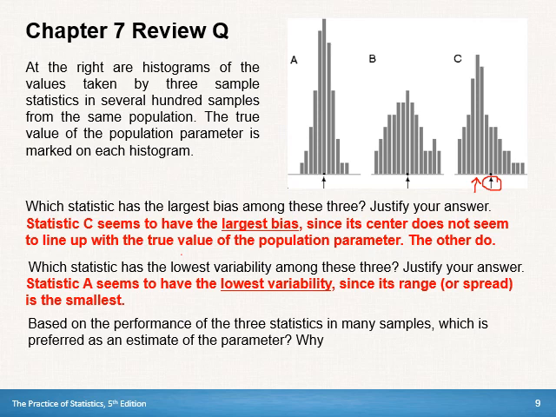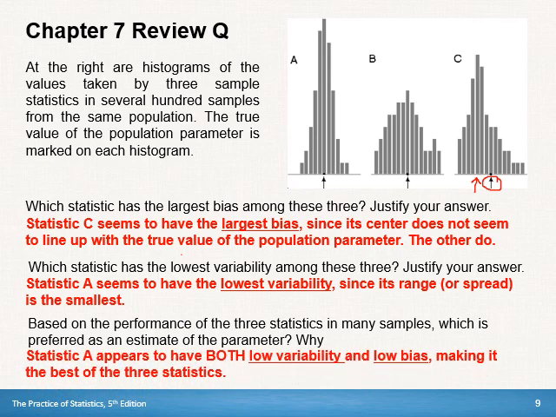A and B both seem to have approximate sampling distributions centered at the true parameter value. So that means A and B are both unbiased estimators, it appears. But which one then would be better? I think we all agree A is better because it has not only low bias, but low variability, and that's what you want.